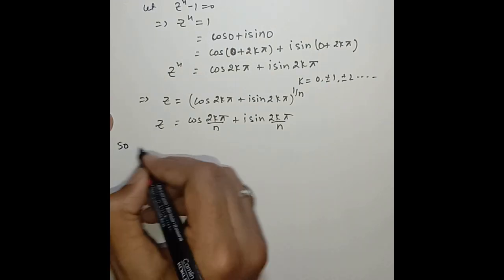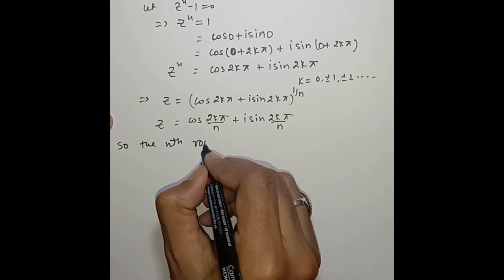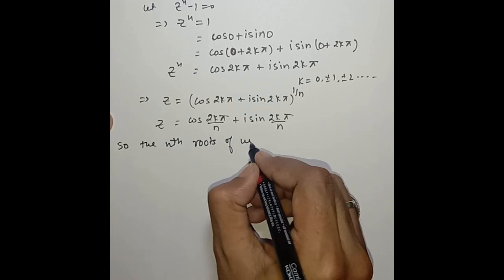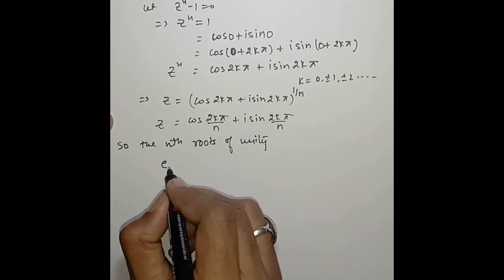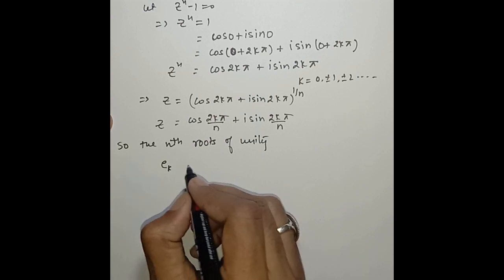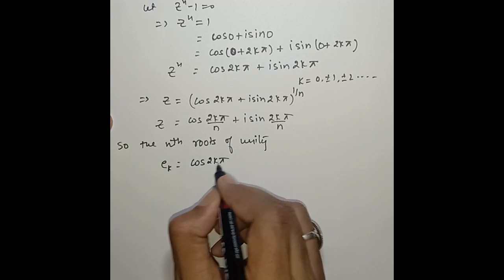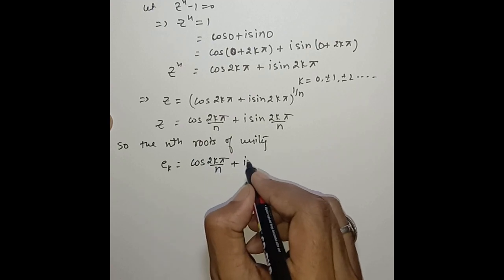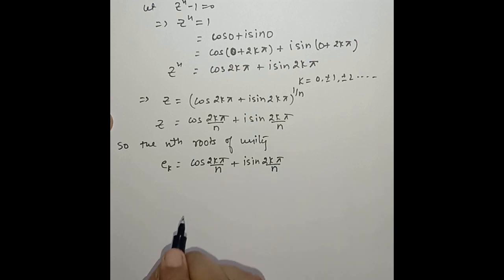So the nth roots of unity, denoted by ek, ek is equal to cos 2k pi over n plus i sin 2k pi over n.